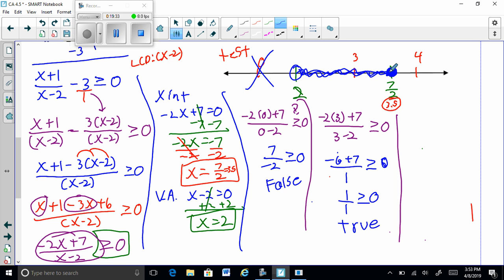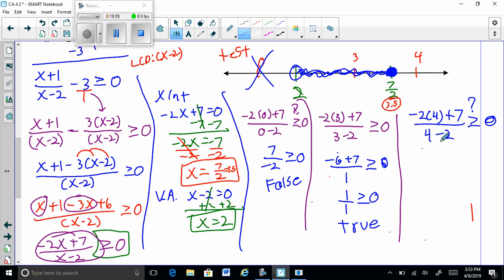Okay, last one we need to test is from 3.5 to infinity. So we're going to test the 4. So let's see, we got -2 times 4 plus 7 all over 4 minus 2. And we want to know if that's greater than or equal to 0.